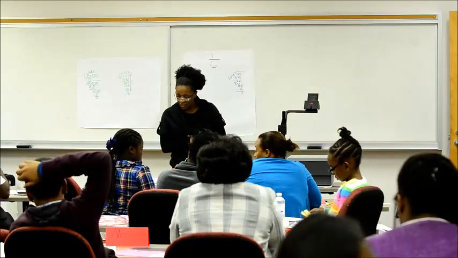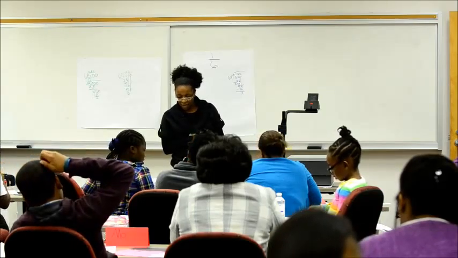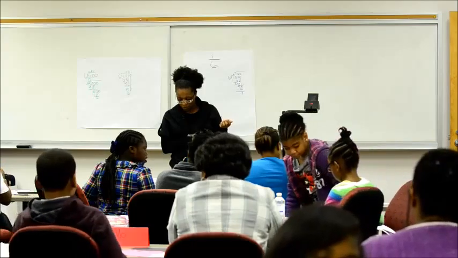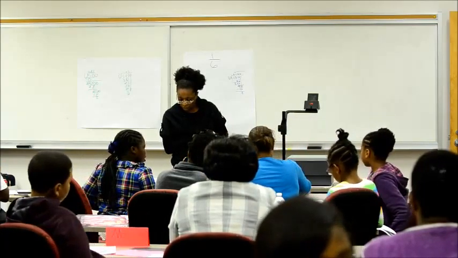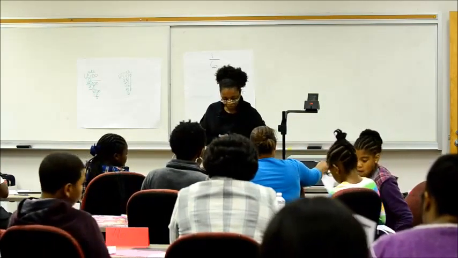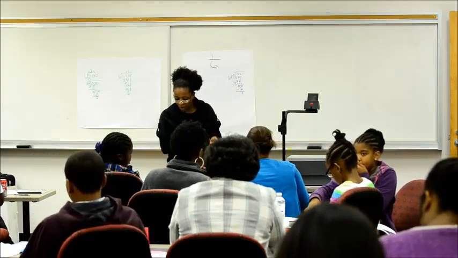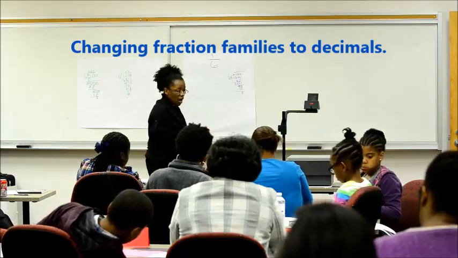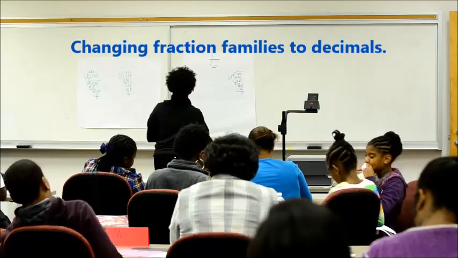The next activity, we're going to explore fraction families. The goal is to convert fraction families into decimals. On the back of your paper, you're going to write all the members of the 6th family.